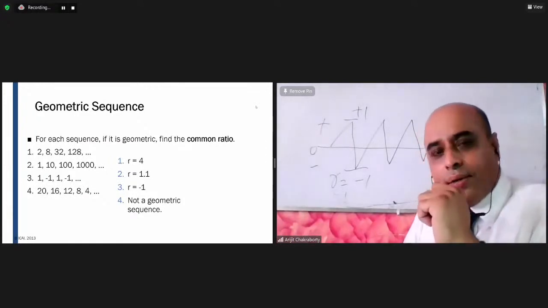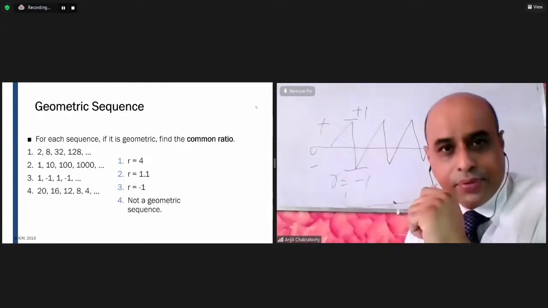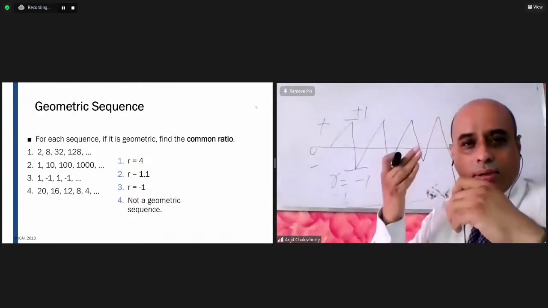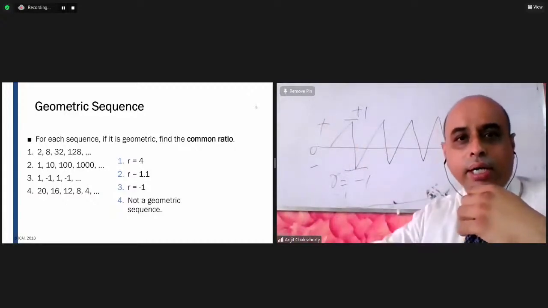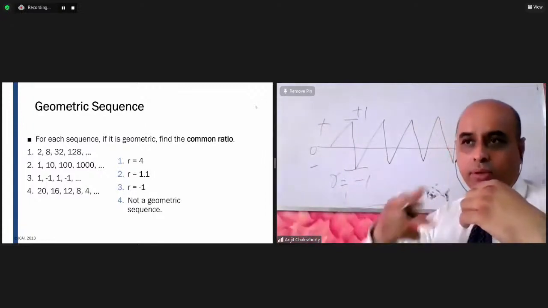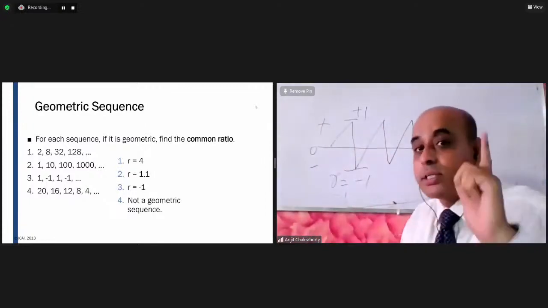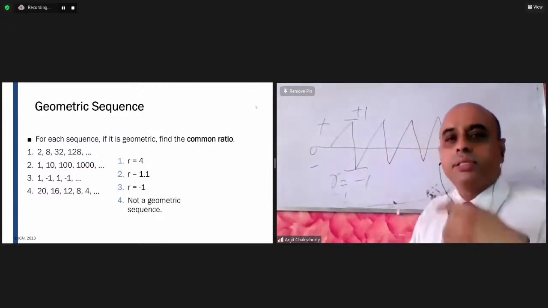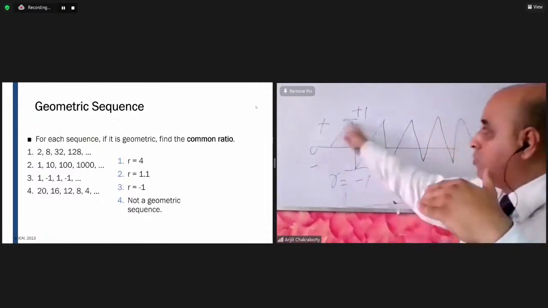Even if you take, for example, the first term as 25 and the common ratio is -1, it will become -25. Again, multiply it with -1, it becomes +25. Again -25, again +25. So it is a sequence in the sense that there are numbers, but it is not a progression, because it does not progress. The numbers are bounded.